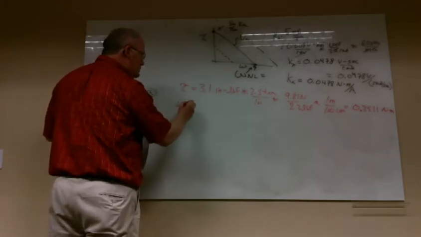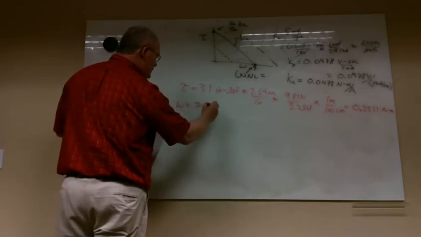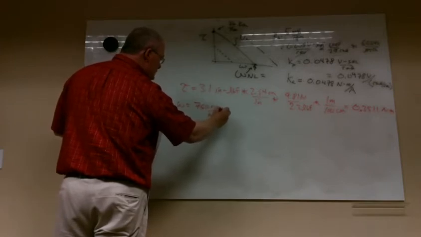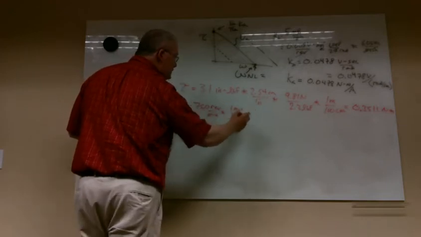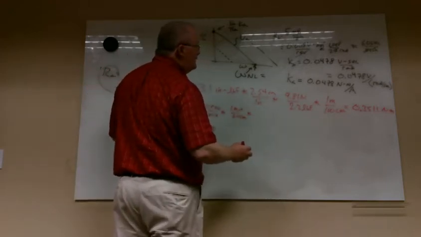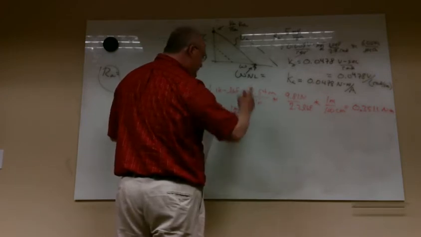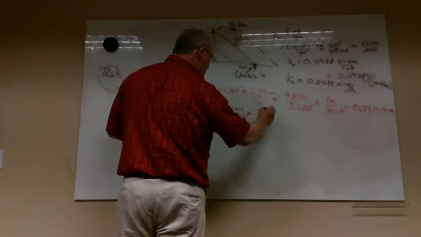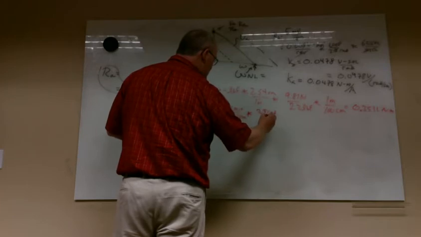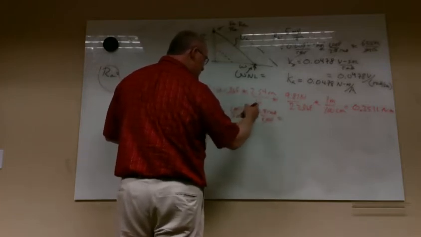Omega is equal to, I said, 750 revs per minute times 1 minute per 60 seconds times 2 pi radians per revolution. We're going to get rid of our revs, we're going to get rid of our minutes, we'll have radians per second left.